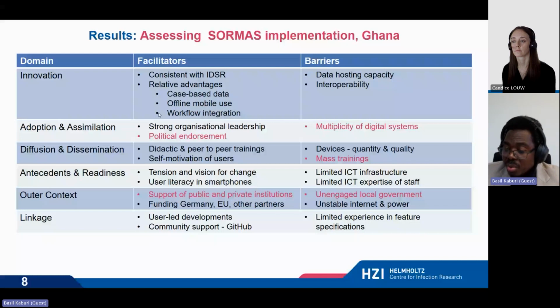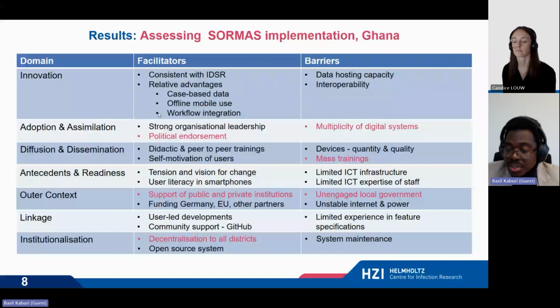And the community support on GitHub, where other experts in the field contributed to specifications, was also contributory to the successful implementation. I have limited experience on the specification by the Ghana Health Service staff. That kind of slowed down some of the feature development because then fewer people had to do the specifications.